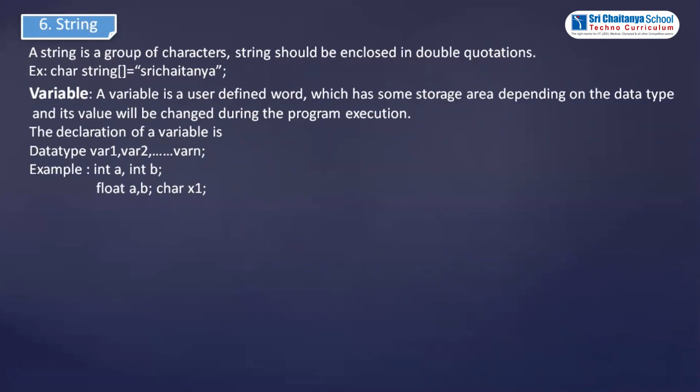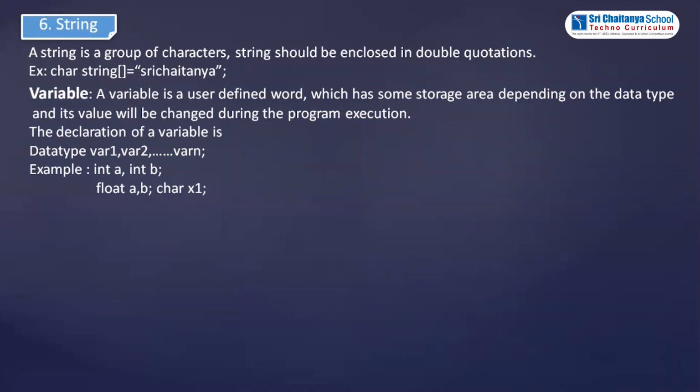And a variable is a user defined word which has some storage area depending on the data type, and its value can be changed during the program execution. I repeat, a variable is a user defined word which has some storage area depending on the data type, and its value can be changed during the program execution.